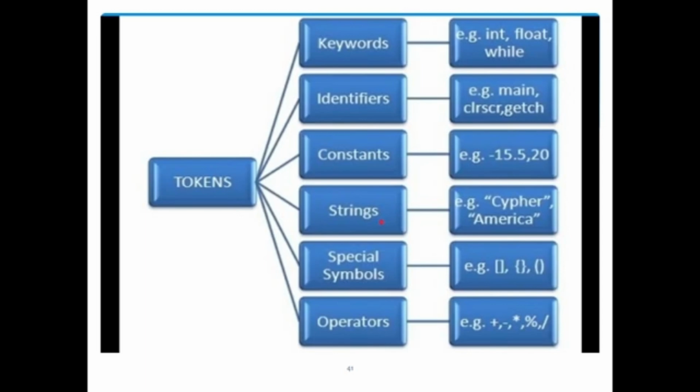A character contains a single letter or single alphabet, whereas a string is a set of characters. Strings are represented using double quotes and characters using single quotes. And you have special symbols like different kinds of brackets: square brackets, flower brackets, and parentheses. Operators are simple operators: plus, minus, star, mod, this is modulo, and division, etc.